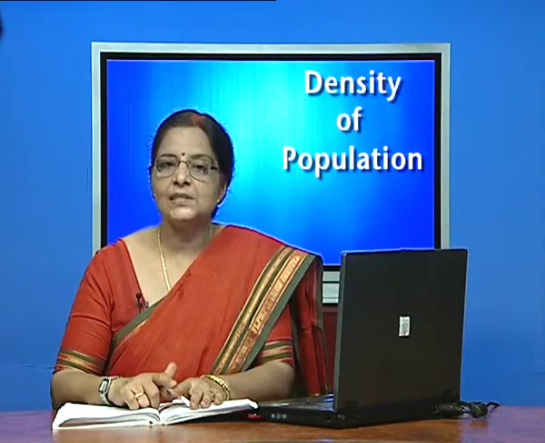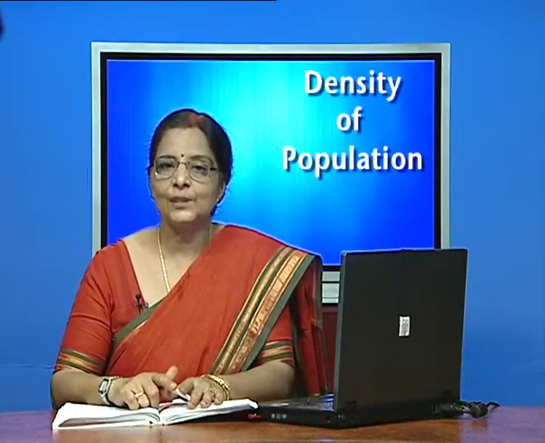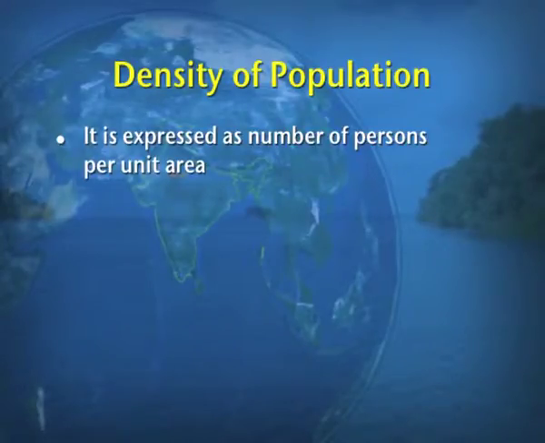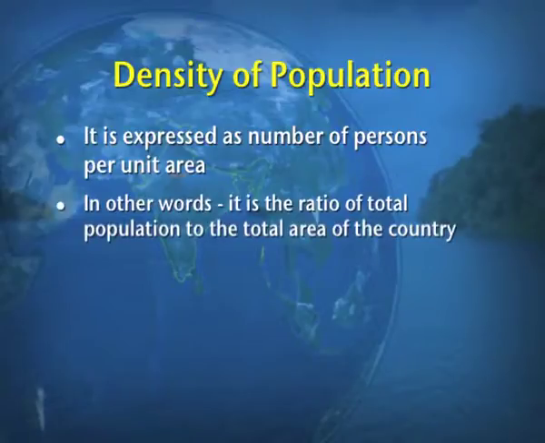Now, the question is, what is the meaning of the word density? It is expressed as the number of persons per unit area. In other words, it is the ratio of the total population to the total area of the country.